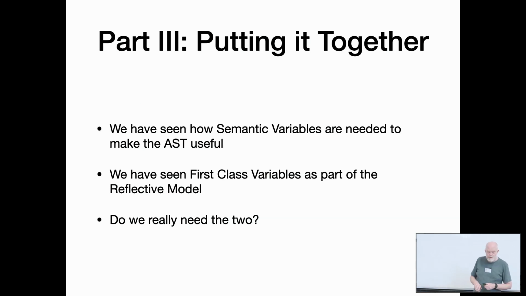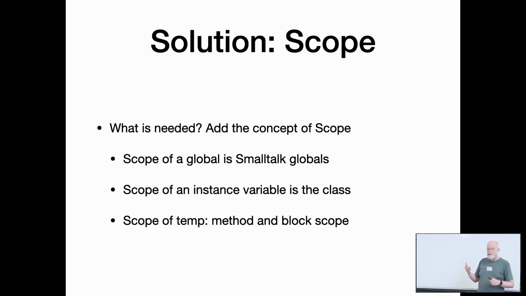So if we put it all together, because this was now talking about variables from a reflective point of view. What we saw already at the end of this idea of reflective variables is that we have the notion of a scope. And if we have a notion of a scope and lookupVar, then these reflective variables actually have all the features that we need for these semantic variables that we had at the beginning.